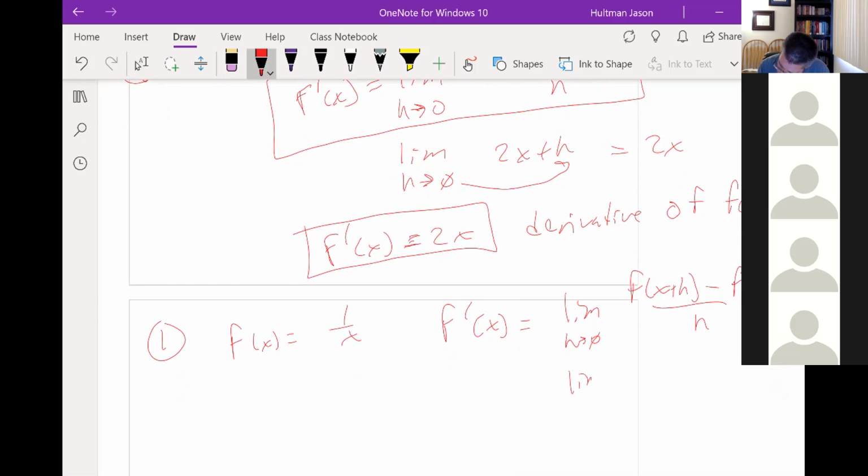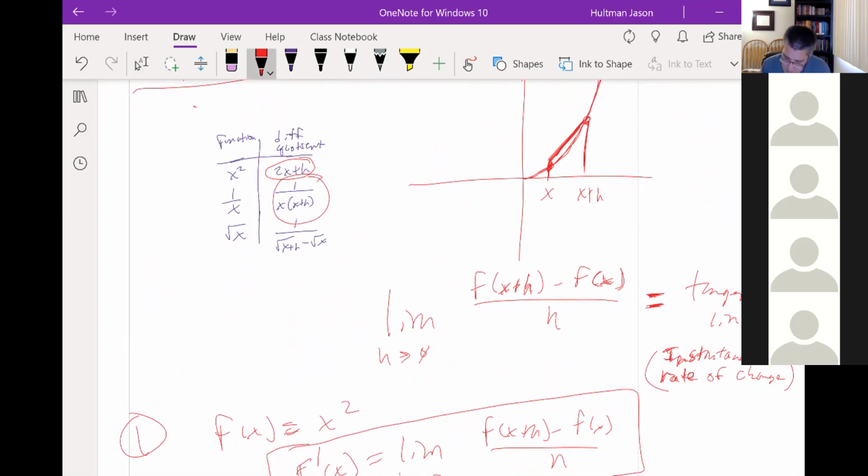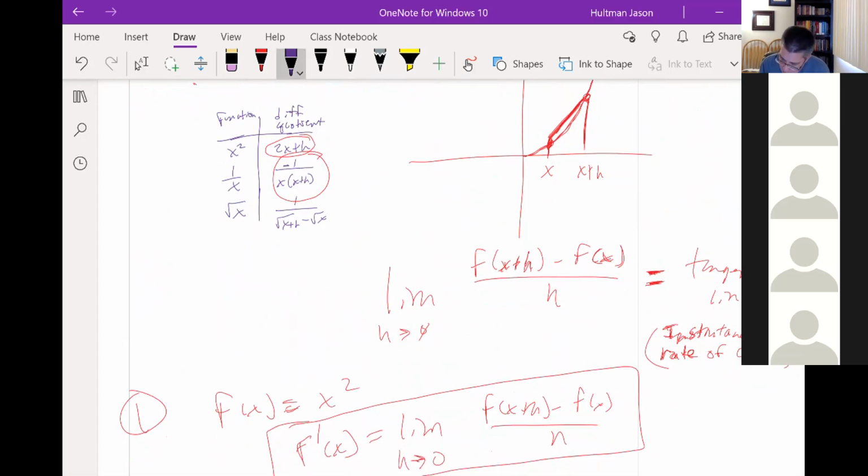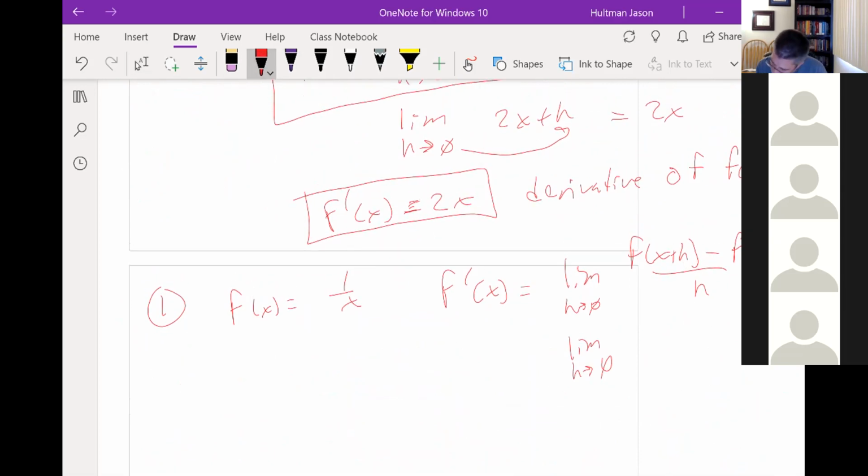Again, we already calculated that for 1 over x. Oh, I'm sorry, there's a negative there. This is going to be negative 1 over x times x plus h.